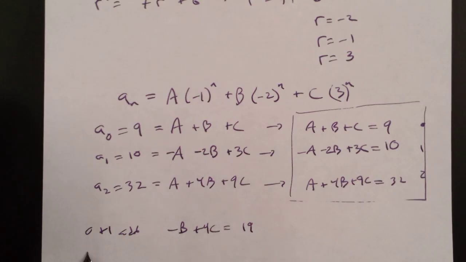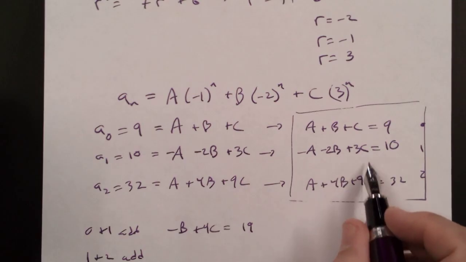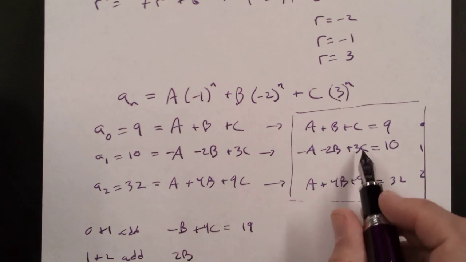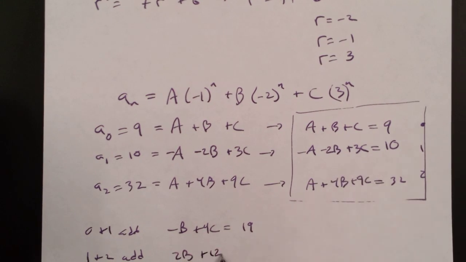If I take equation 1 and equation 2 and I add, the a's will cancel, and I'll get 2b plus 12c is equal to 42.